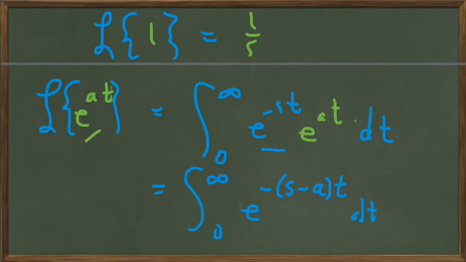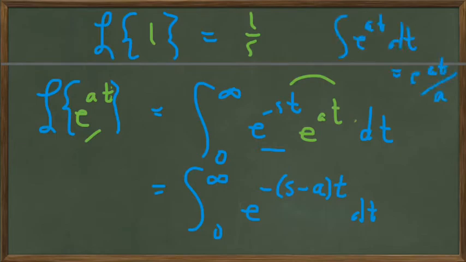We've added these exponents together to get e to the minus (s minus a) t, because the a is positive and the s is negative, and so we're going to integrate that using the exponent rule.